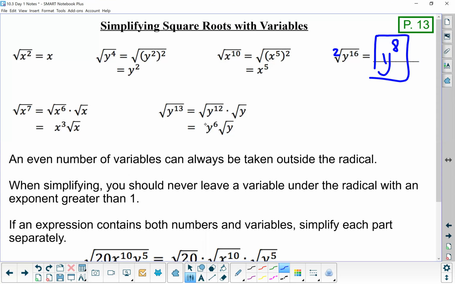Y to the 6th times the square root of y. An even number of variables can always be taken outside of the radical. So again, that's that even power. When simplifying, you should never leave a variable under the radical with an exponent greater than 1 when you have a square root.